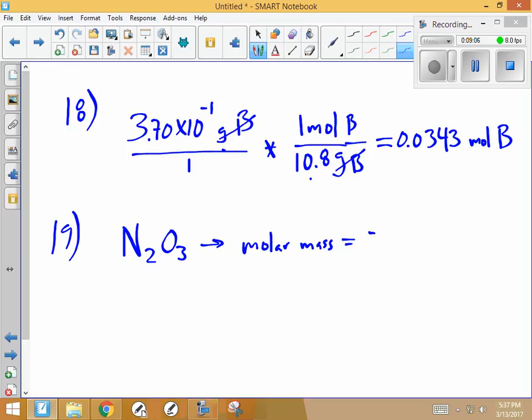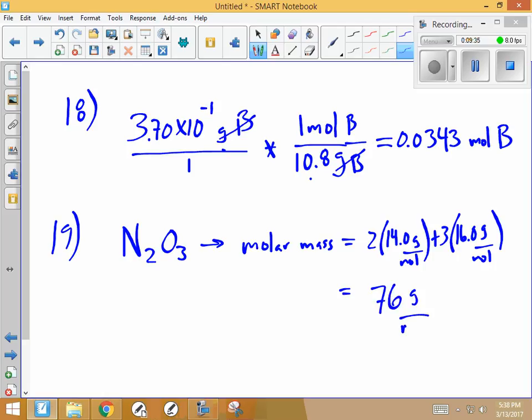It will equal 2 times the molar mass of nitrogen, 14.0 grams per mole, plus those 3 oxygens, 16 grams per mole. Altogether, that's 28 plus 48, about 76 grams per mole of N2O3.